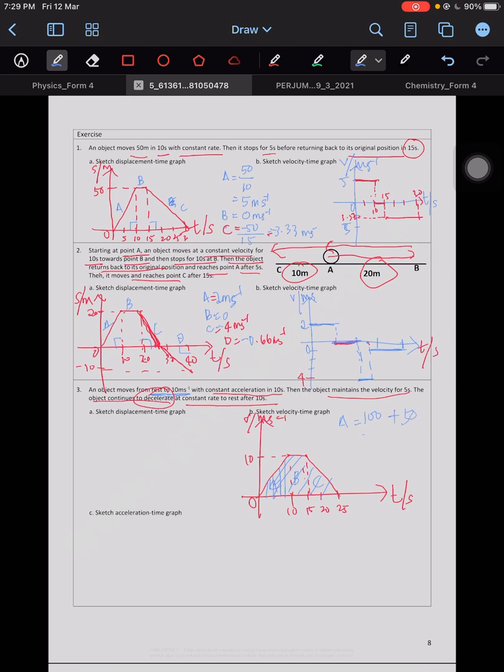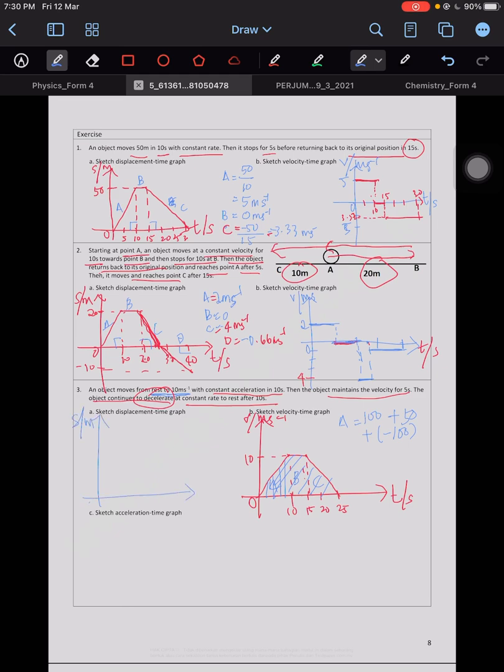And then plus negative 10 times 10 is 100.